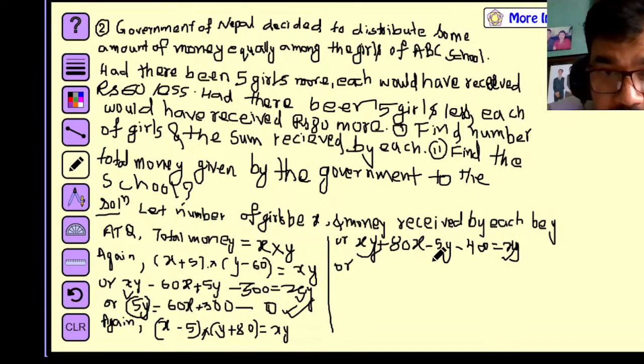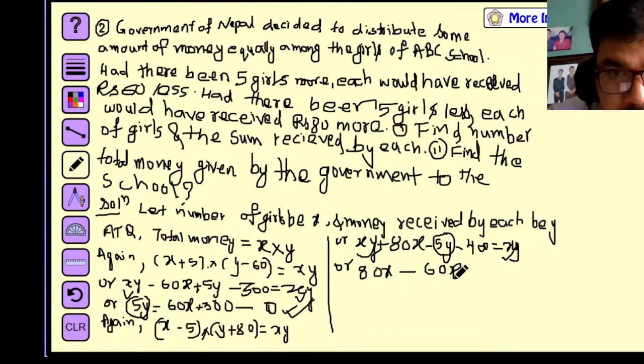That we can put in this one. Okay, then what will happen? Look here. It will be 80x minus this 5y, which means we have to put this value there from equation 1. That should be 60x plus 300, in brackets, because in front there is a minus sign.